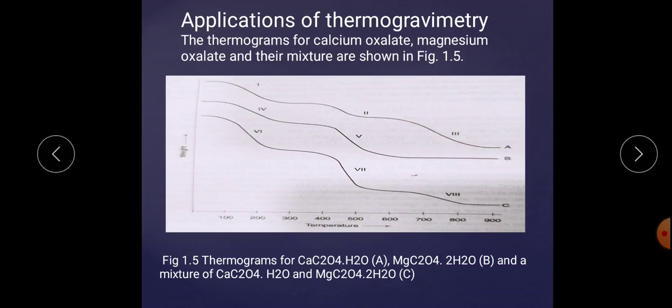When calcium oxalate monohydrate is heated, it loses water. Between 100 and 250 degrees Celsius, the water loss takes place, due to which the calcium oxalate monohydrate gets converted into anhydrous calcium oxalate in this region, and because of the loss of water, there is a weight loss.